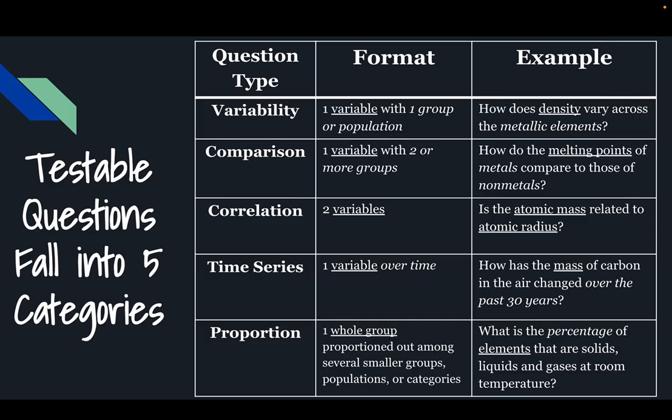A time series question is asking how a variable changes over time. And then a proportion question asks how a whole group of things is proportioned out among several smaller groups, populations, categories, or subgroups.